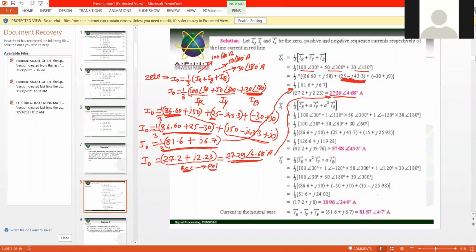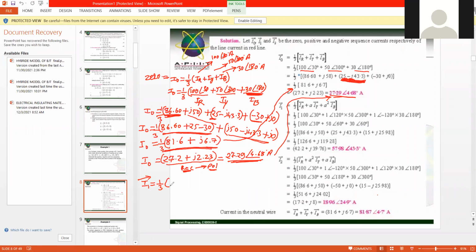And it is similar to this particular given value. Now calculate the same for I1. I1 is the positive sequence current. What is the basic expression of I1? That is I1 bar is equal to 1/3.